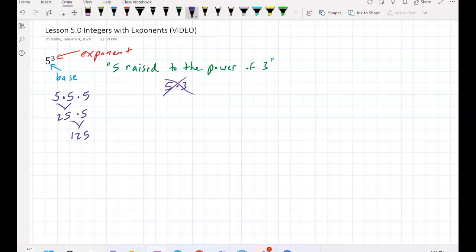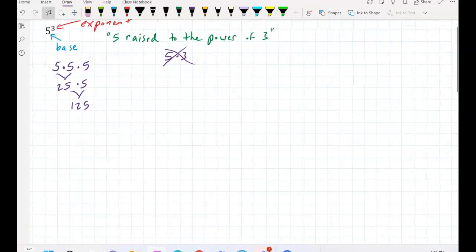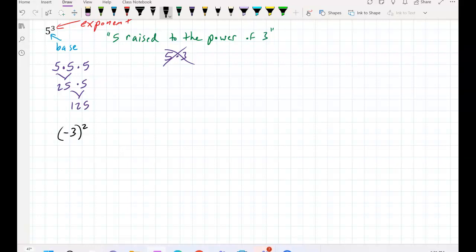Now, what happens when we bring in the idea of integers into the mix? So, for example, what if we had negative 3, in parentheses like that, raised to the power of 2? What does that mean?